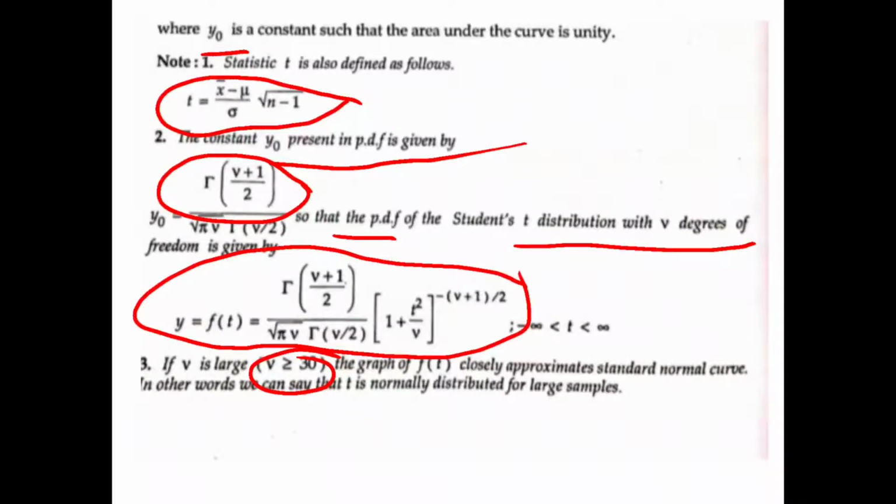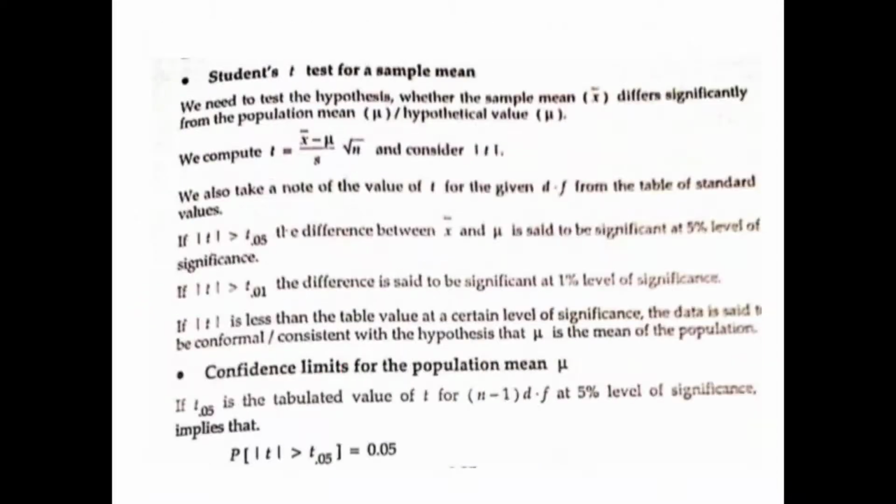That means it will become a large sample, and we know that large samples always follow the standard normal distribution or standard normal curve. So here also you can relate the same thing. Understood, guys? So that is about that.